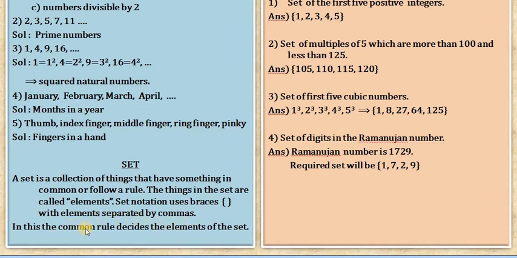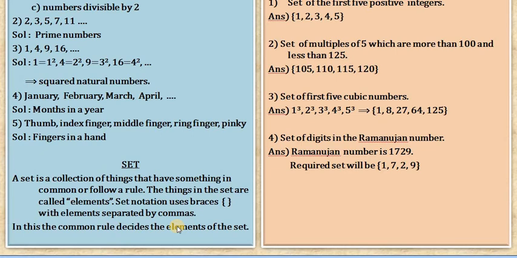In this, the common rule decides the elements of the set. Set means it's a collection. So collection of values or collection of things. So these things have some common property, that common property in different ways.